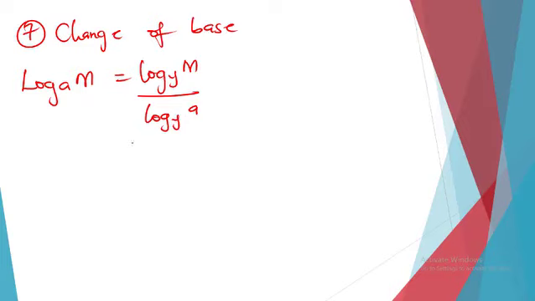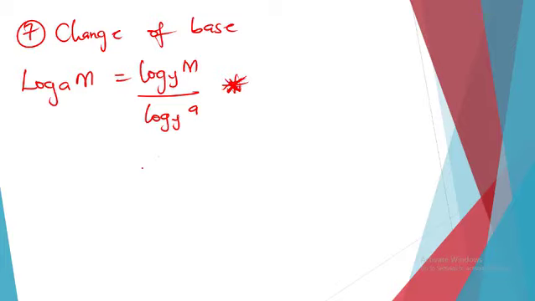So just bear this in mind. When the base of a logarithm is changed, the initial base is used as a separate logarithm to divide the initial logarithm in the new base. Okay, so just bear this in mind.